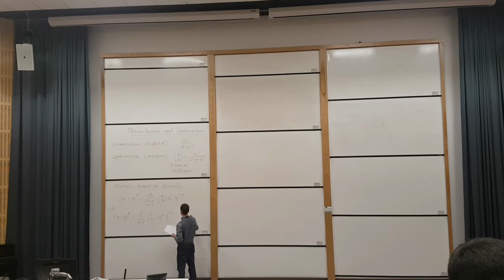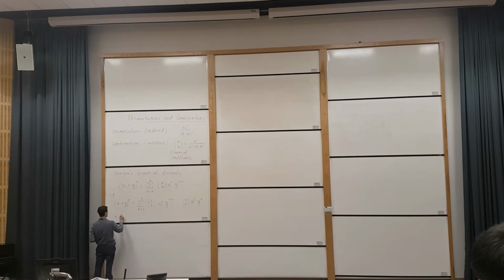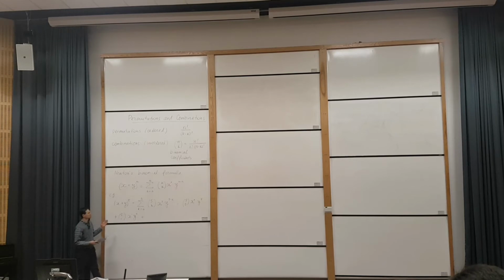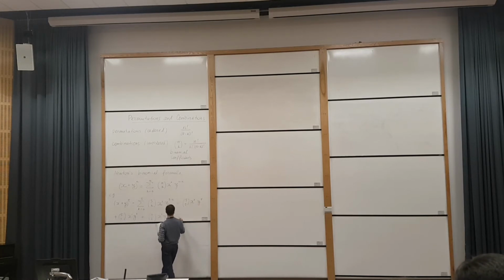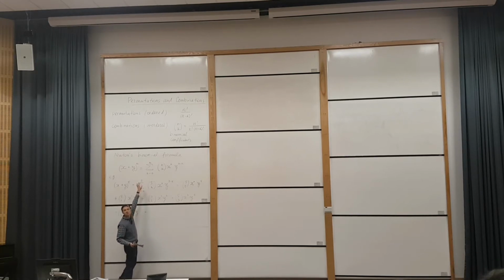That gives me 0 out of 5, x to the 0th power, y to the 5th power, plus, when doing the summation, the next term will have k equals 1, so it's 1 out of 5, x to the 1st power, y to the 5 minus 1, which is 4, plus the next term corresponds to k equals 2, 2 out of 5, x squared, y cubed, plus 3 out of 5, x cubed, y squared, plus 4 out of 5, x to the 4th, y to the 1st power, and the last term corresponds to k equals 5, what stands on top of the summation symbol, and it will look like 5 out of 5, x to the 5th power, y to the 0th power.